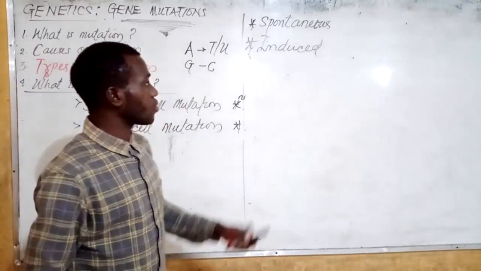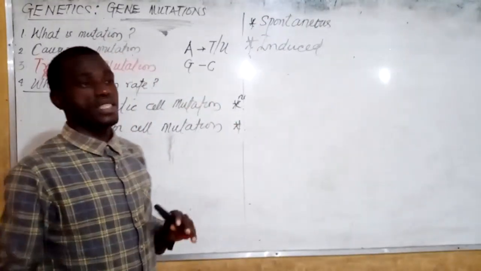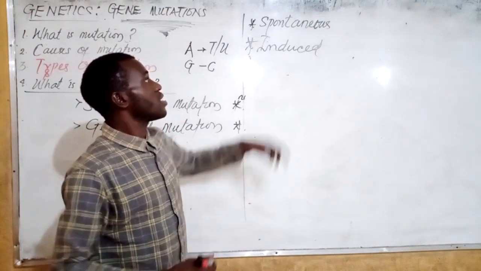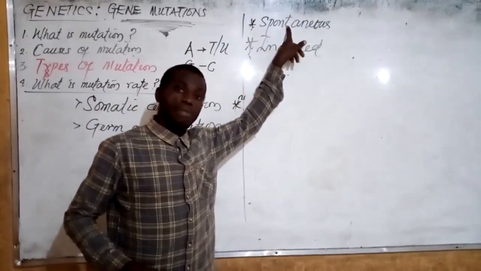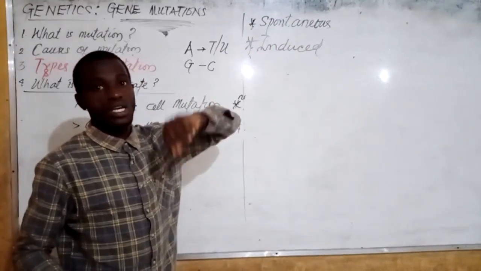All right, so that is an induced mutation, while spontaneous mutation is the one that happens naturally on its own. And the probability of this happening, which is the mutation rate, is usually very low.